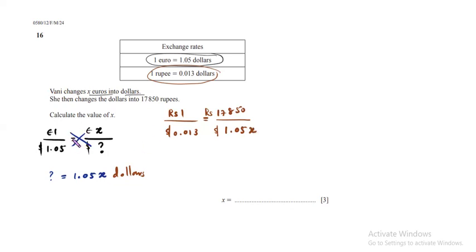I'm going to do the same thing that I did here, which is to cross multiply and make X the subject. 1 times this 1.05X is the same 1.05X. This is equal to 0.013 times 17,850. Now, for me to find what X is, I need to divide this side by this 1.05.